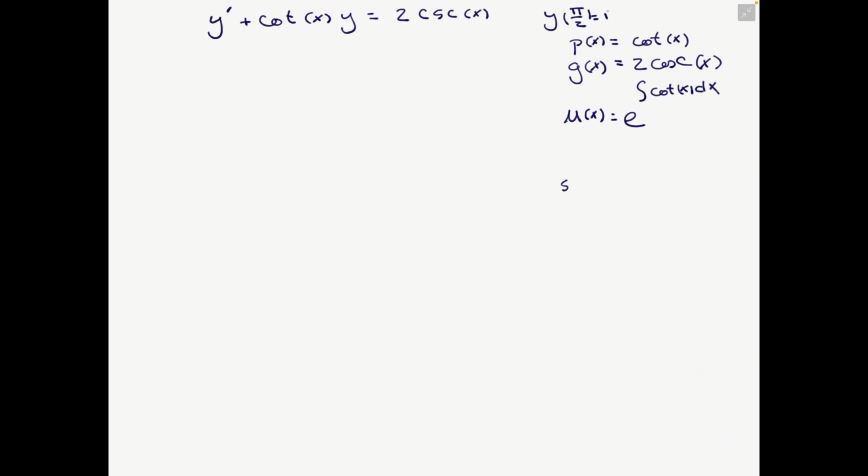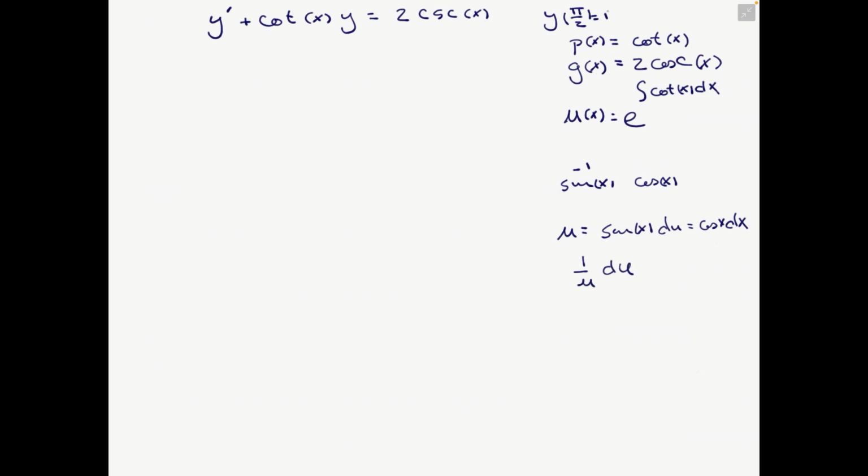Now, cotangent is sine of x to the -1 times cosine of x. So let's say u equals sine of x, du equals cosine of x dx.